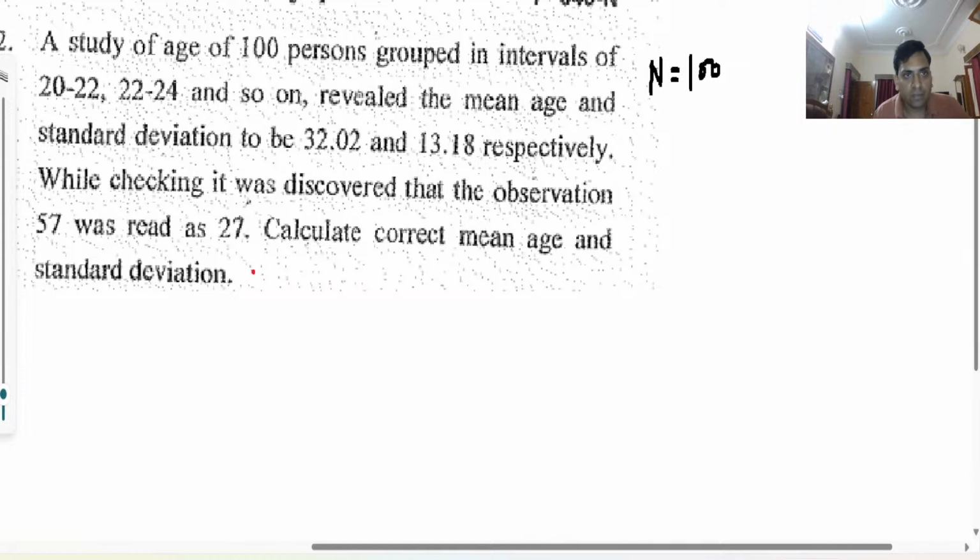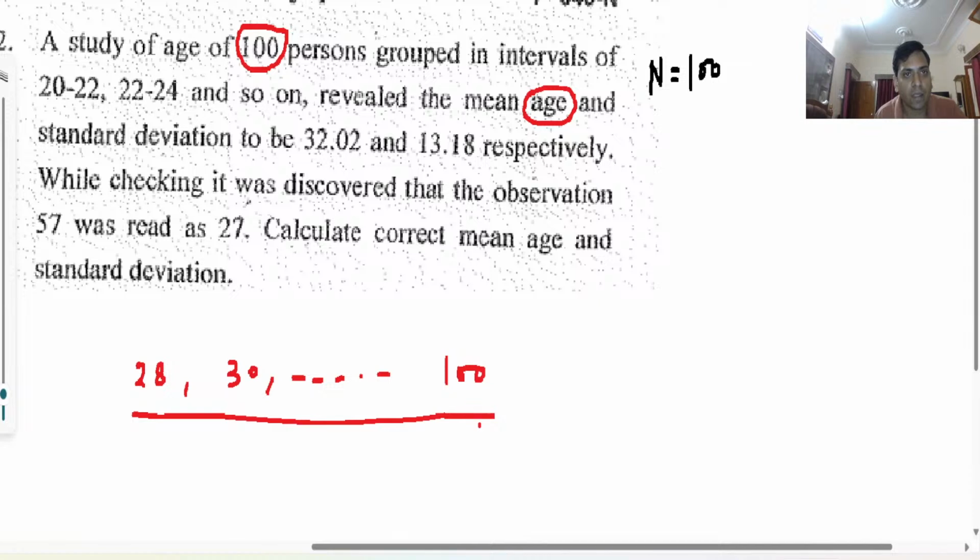In this question, we have 100 persons' data and their ages. हमने 100 लोगों का डेटा कलेक्ट किया जिसमें उनकी हमने अलग अलग एज नोट की. किसी की एज 28 हो सकती है, किसी की 30 हो सकती है. In that way we have noted 100 persons' data, 100 persons' ages, and the mean of these 100 persons' ages is 32.02.